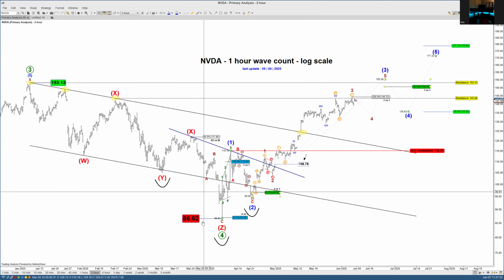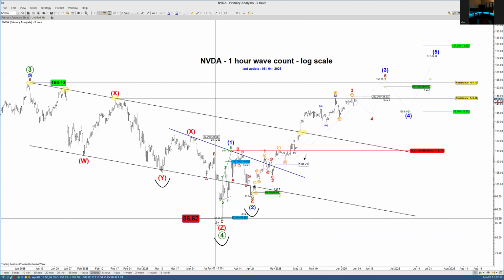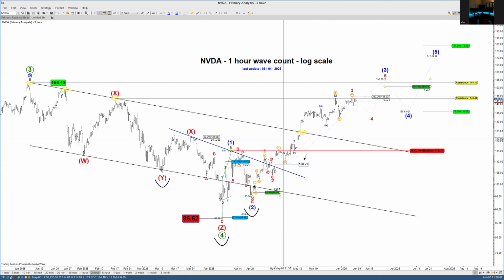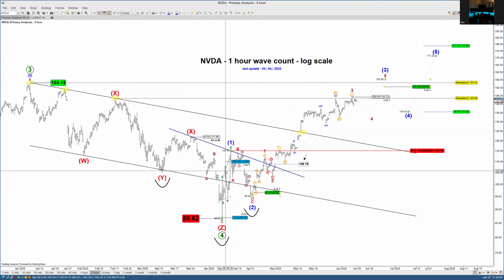This is why, instead of relying on this all the time, I'm more focused on swings, because swings give me the confirmation, and then I'll adjust the wave count. I just have to make sure the wave count has the right look. I can live with that.